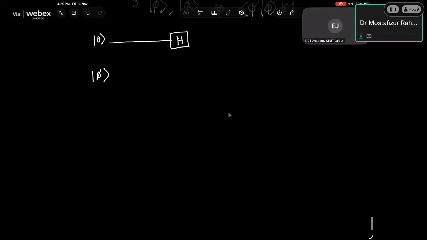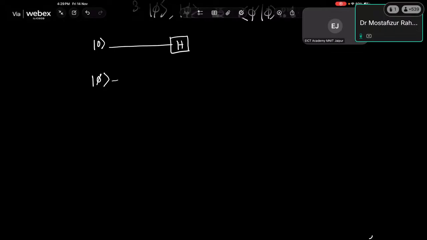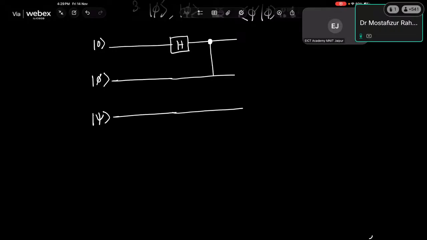One will be initialized with phi, and one with state psi. You apply Hadamard on the first qubit and do nothing on the second and third. Then we apply a controlled swap gate, known as the C swap gate. This is the Hadamard gate.